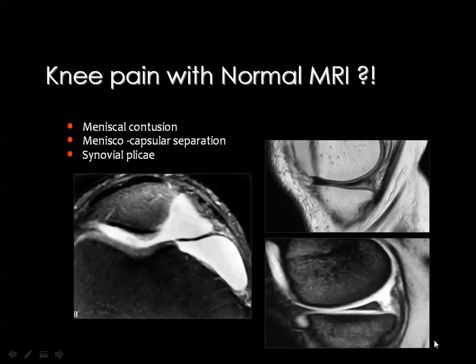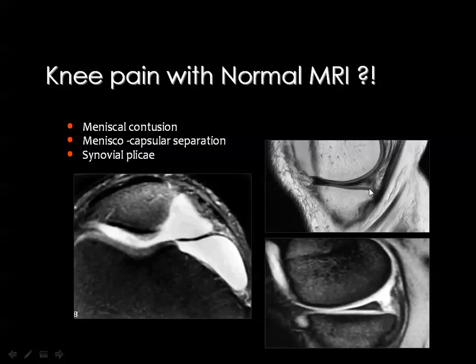Finally, you may get a patient with evident pain in the knee, and the result of MRI is coming as normal. If this is the case, I would like you to re-examine these particular areas. Number one, look for the posterior horn of the medial meniscus.